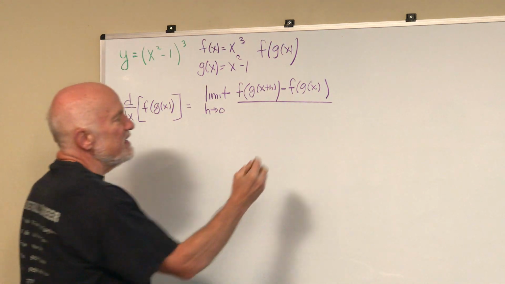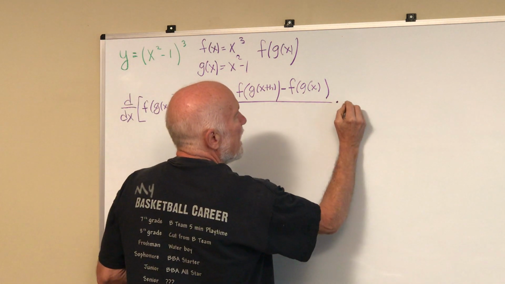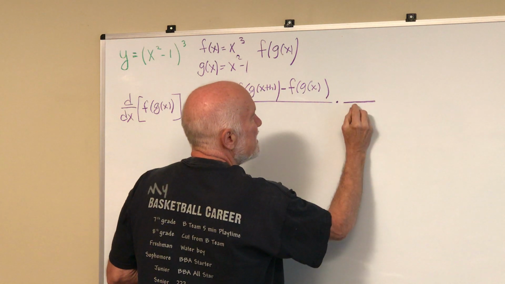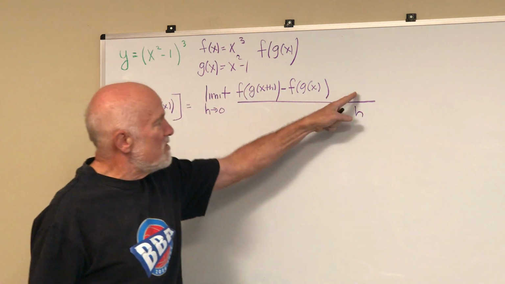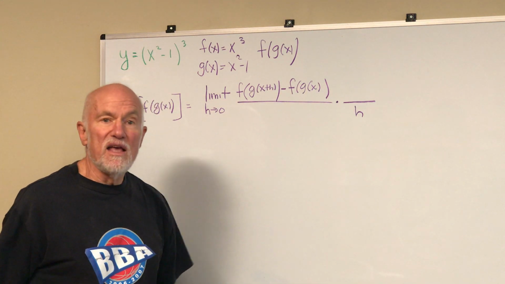But if you don't mind, I'm just going to slide the h over here and consider this to be 1 and this to be 1. It's really the same thing.